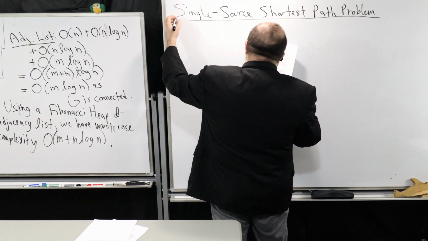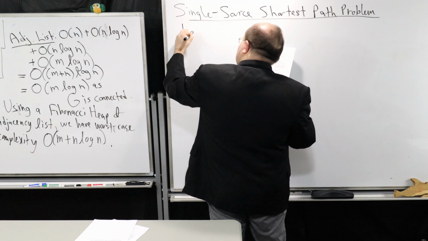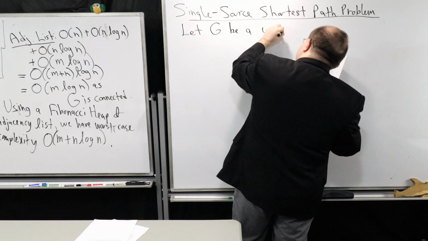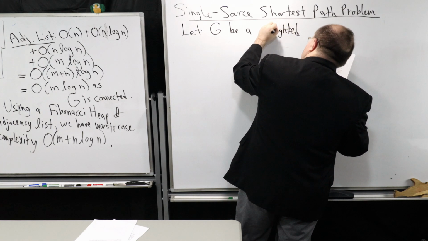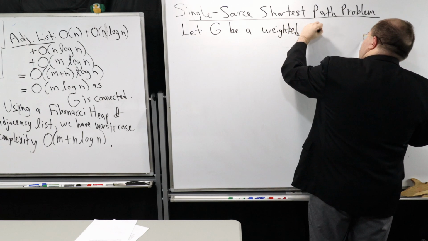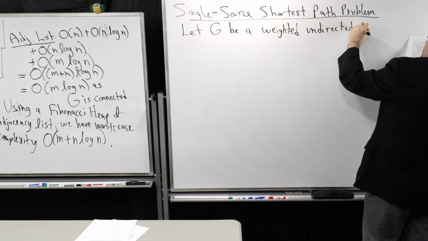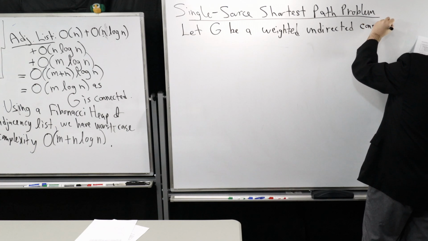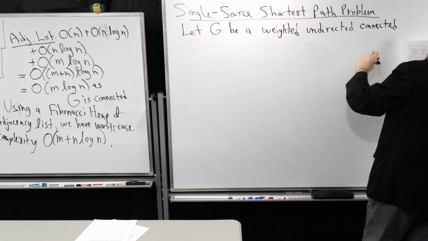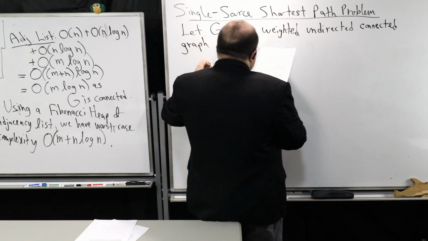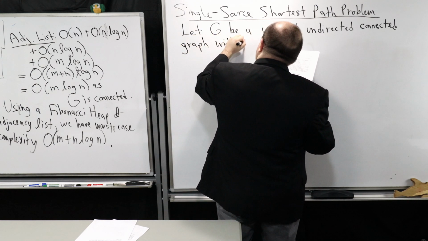I need to define a couple quick things. Let G be a weighted undirected connected graph with non-negative edge weights. I know it's a lot of descriptors.